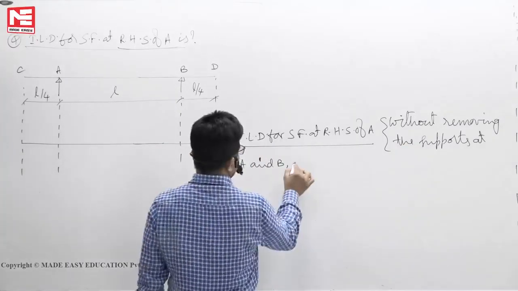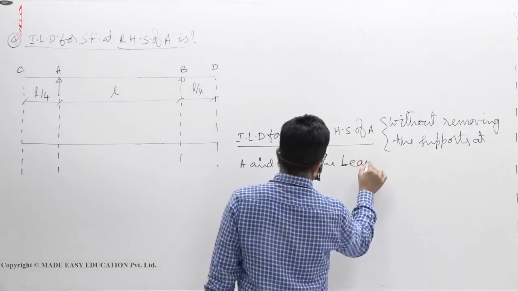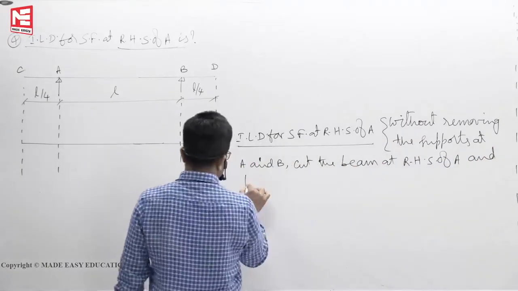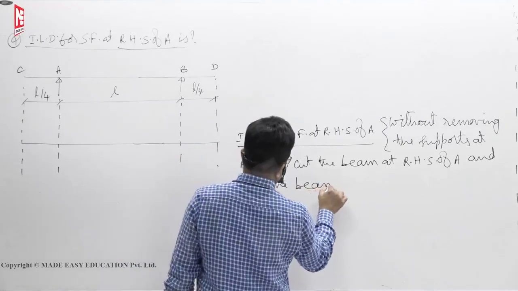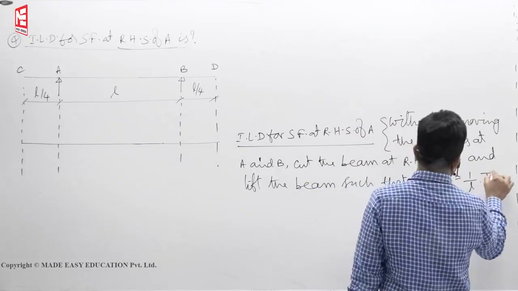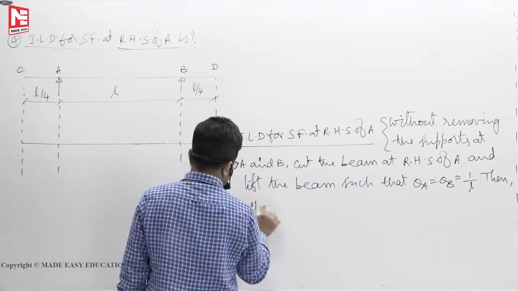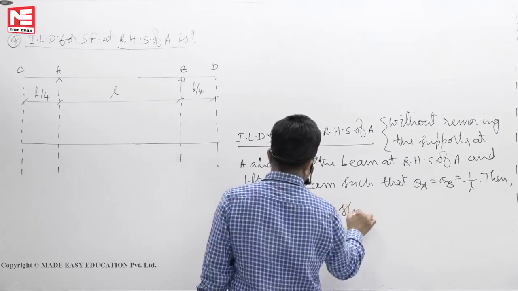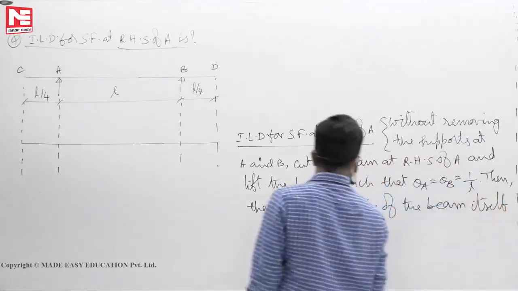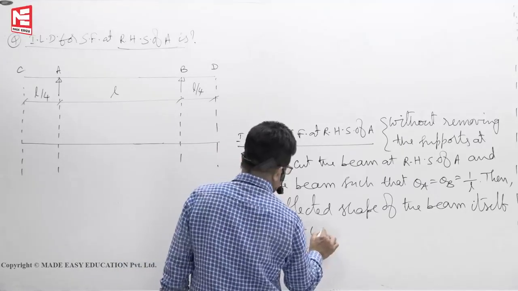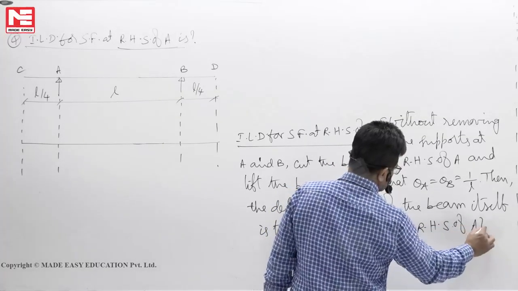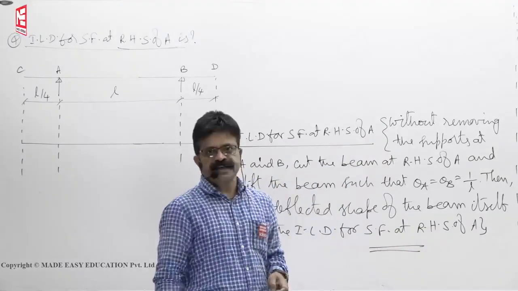So without removing the supports at A and B, cut the beam at RHS of A and lift the beam such that theta A is equal to theta B is equal to 1 by L. Then the deflected shape of the beam itself is the ILD for shear force at RHS of A. This is the process. To draw this one, you have 2 minutes time. It's a 2 marks question.